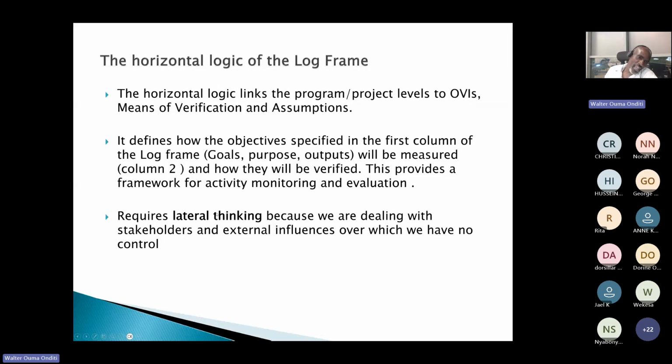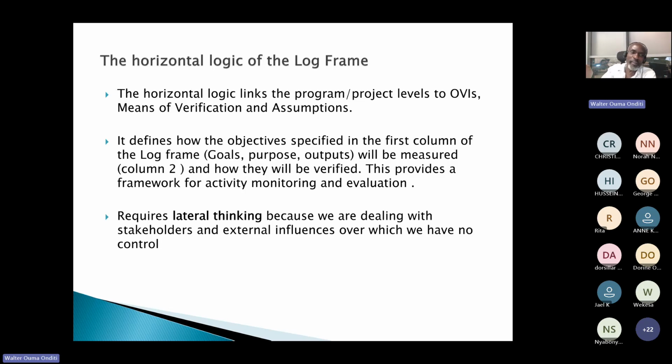Now, so here, to formulate what we had seen in the logic there, you have to think laterally. So two thinking here, the lateral thinking and the horizontal thinking. Actually, there's a third thinking. So this is lateral thinking. If you have to develop the horizontal logic, you have to think laterally. This is a bit easier.